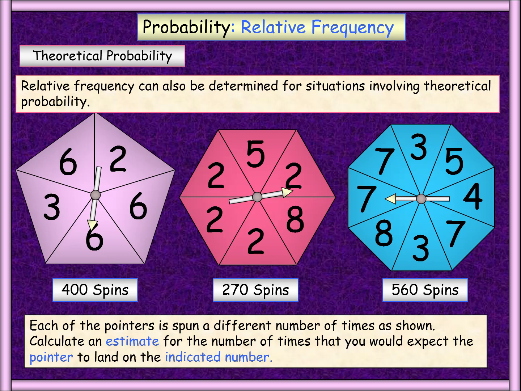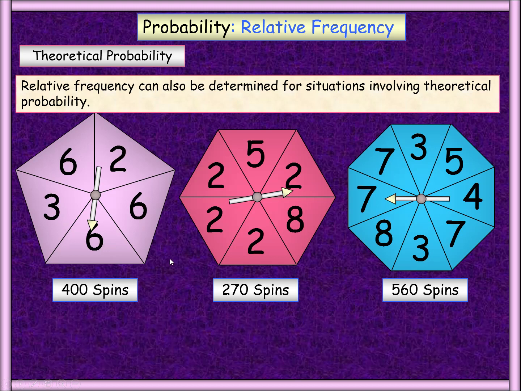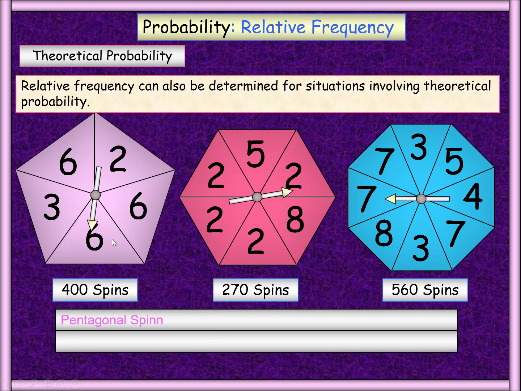And now we're back. So the number of times you get a 6 in 400 spins, you got 3 6s out of 5, so 3 out of 5 times 400, you should have 240.